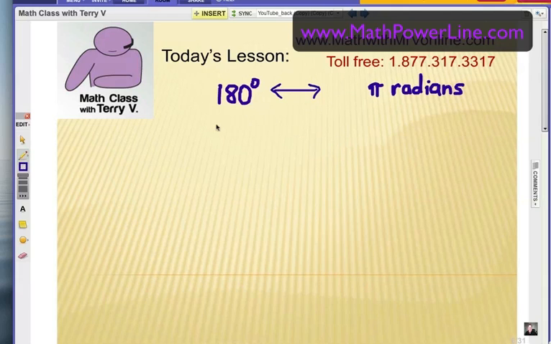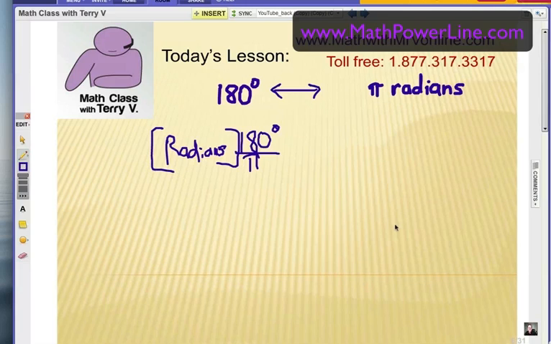So 180 degrees divided by pi radians is a representation of 1. If we're going to convert radians into degrees, we're going to multiply by 180 over pi, and that will give us degrees.